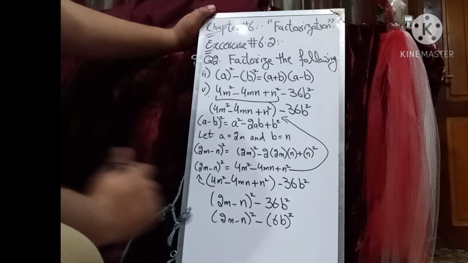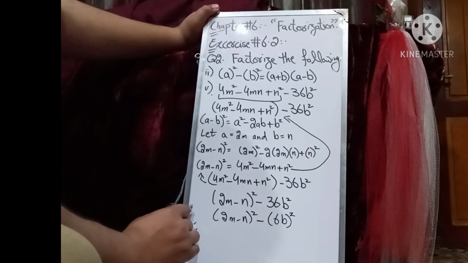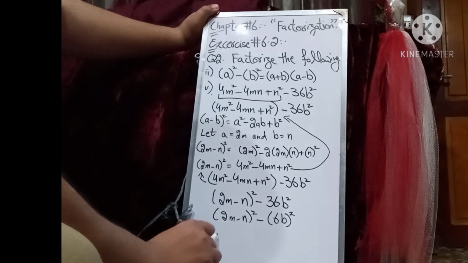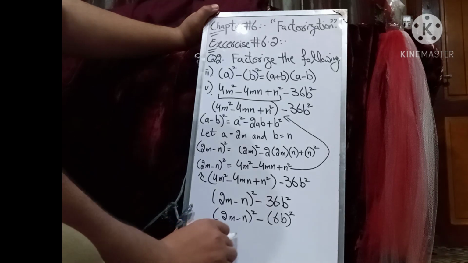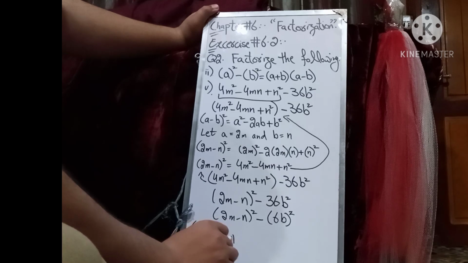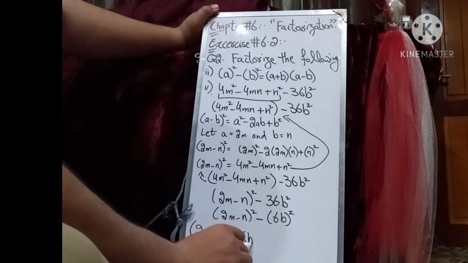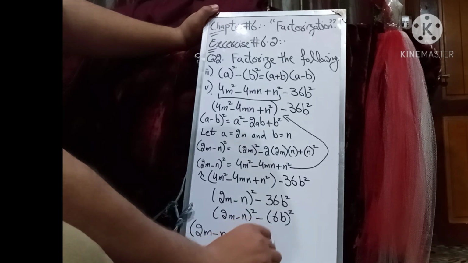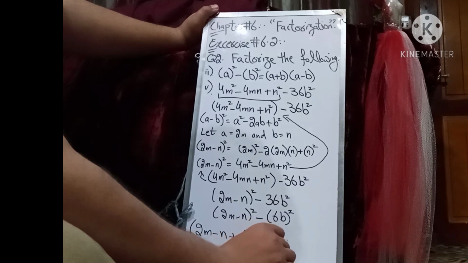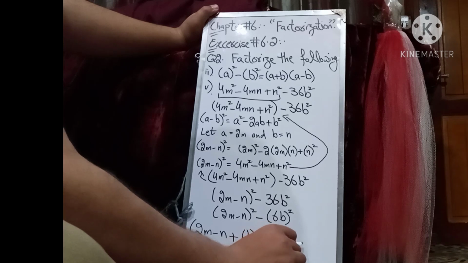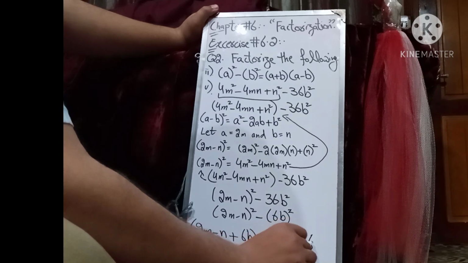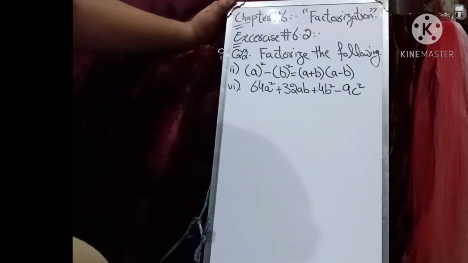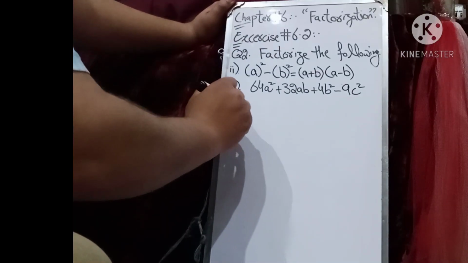So again you can see that we have a formula that looks like a square minus b square. In this case a is equal to 2m minus n and b is equal to 6b. So again we got two factors, one in the form of plus and the second one in minus.